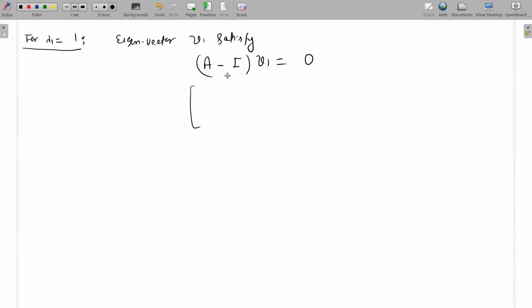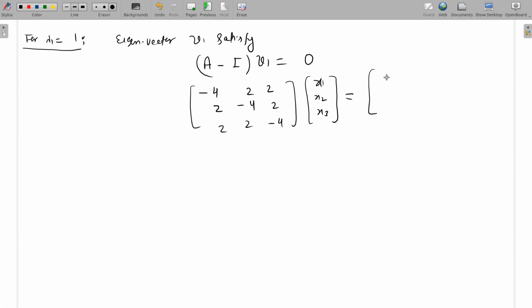Okay, lambda is 1, so (-4, 2, 2; 2, -4, 2; 2, 2, -4). Write v1 as (x1, x2, x3) equal to (0, 0, 0).